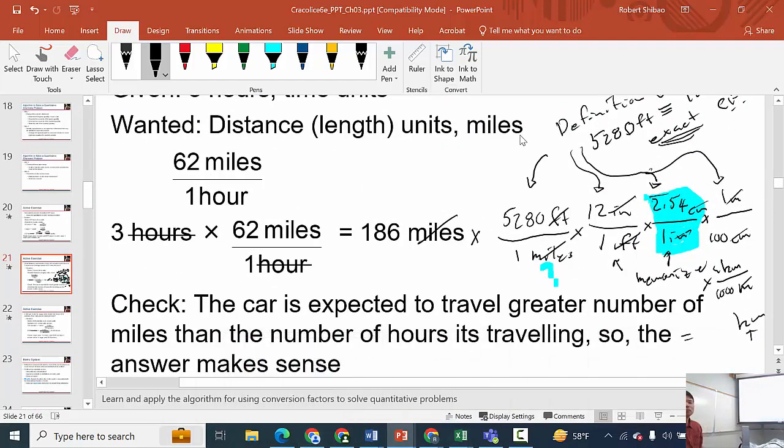Now the thing is, we are only allowed one rounding step per calculation. So was this 186 rounded? And it looks like it wasn't rounded. If it was rounded, then I'd start all the way from the beginning, make sure I avoid rounding.